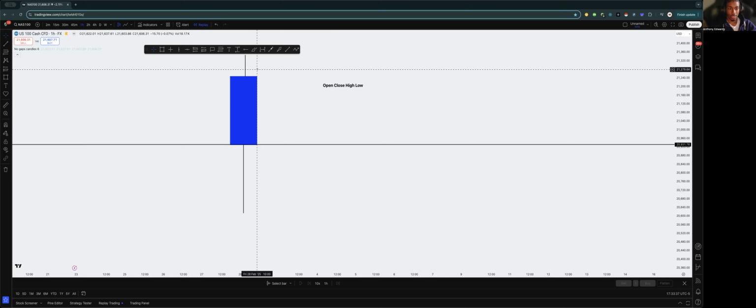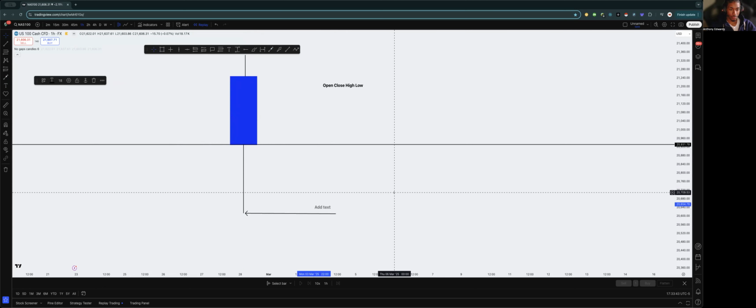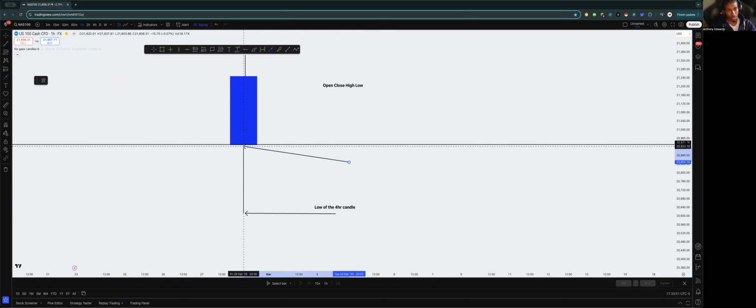This is the low of the 4-hour candle. This is the open of the 4-hour candle. This is the high.